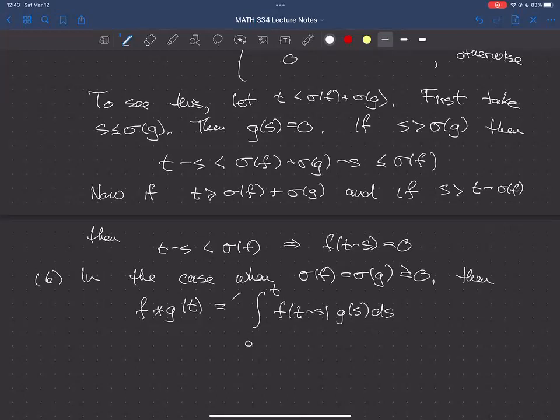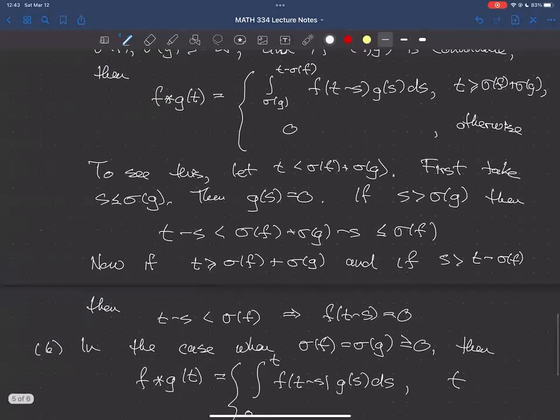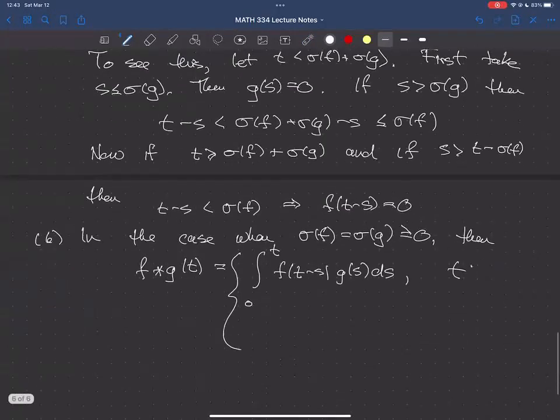And this is true when t is greater than or equal to 0, and 0 otherwise.